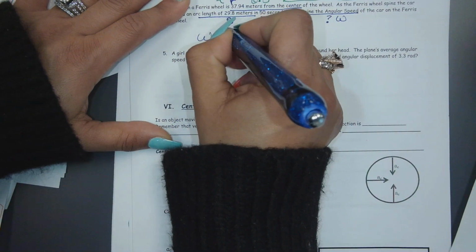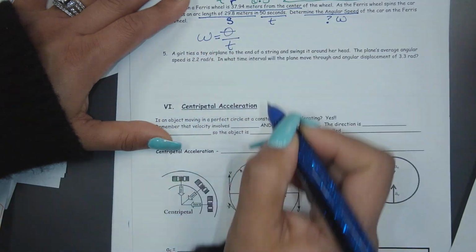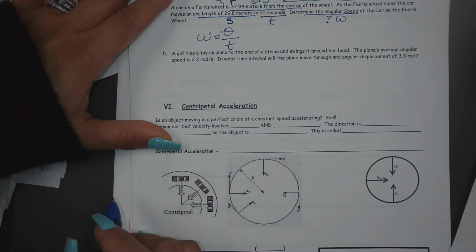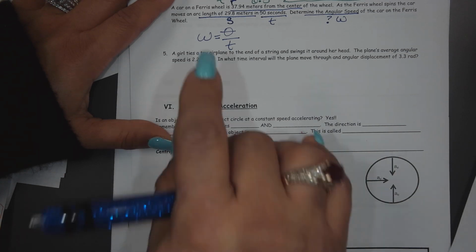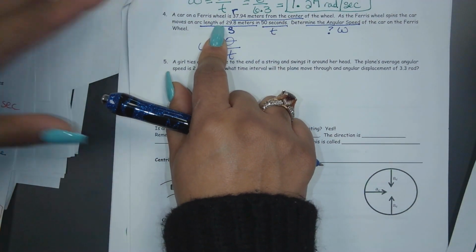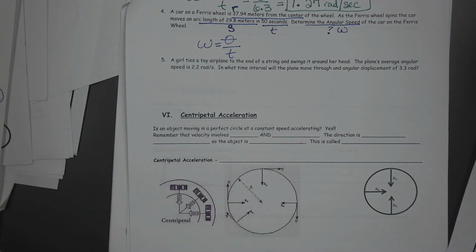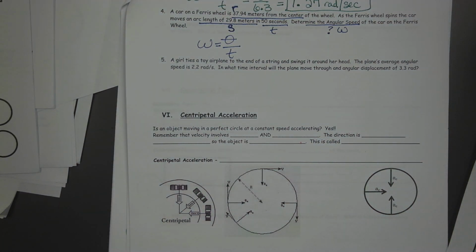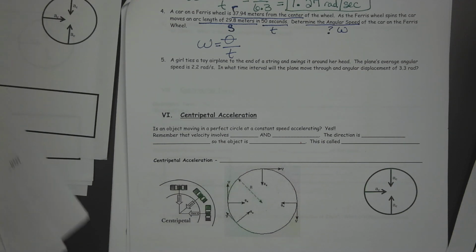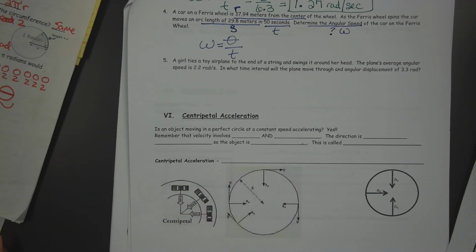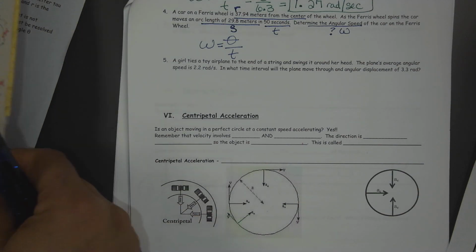omega equals theta over t. I have t, yes I do. I have r, and I have arc length, which is lowercase s. So that means I'm going to have to go back a couple of pages to equation number 3, which has what we call angular displacement.